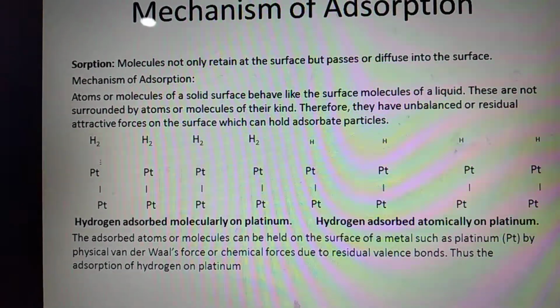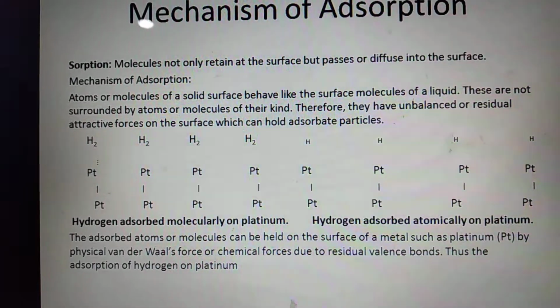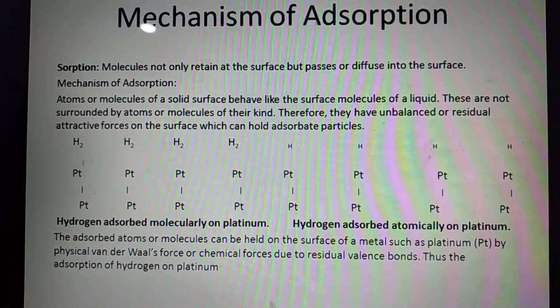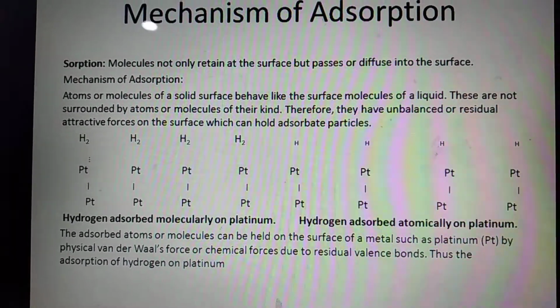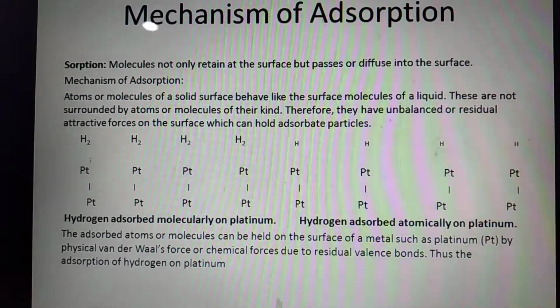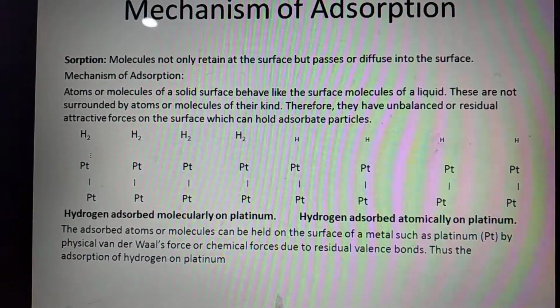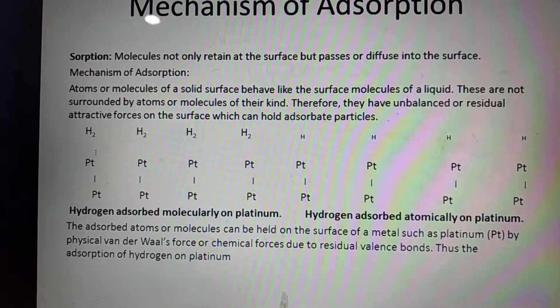Now the mechanism of adsorption: atoms or molecules of a solid surface behave like the surface molecules of a liquid. They are not surrounded on all sides, so there are unbalanced or residual attractive forces on the surface which can hold adsorbed particles.